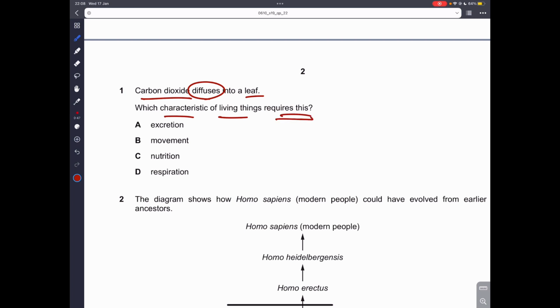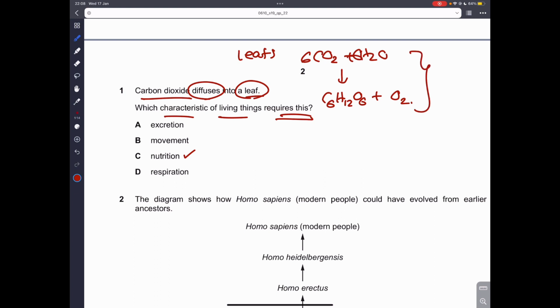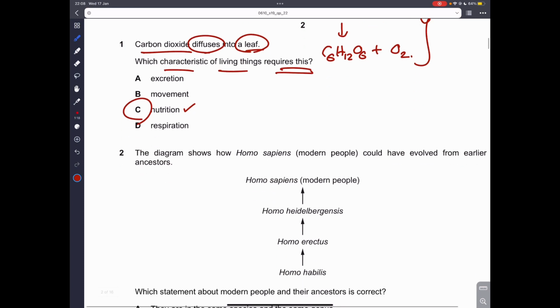Now, this is actually something that has to do with nutrition, because leaves undergo photosynthesis, in which they take in carbon dioxide and water, producing glucose, sugar, and oxygen for us to breathe. Now, this is a part of nutrition. So, number 1, the answer is C.